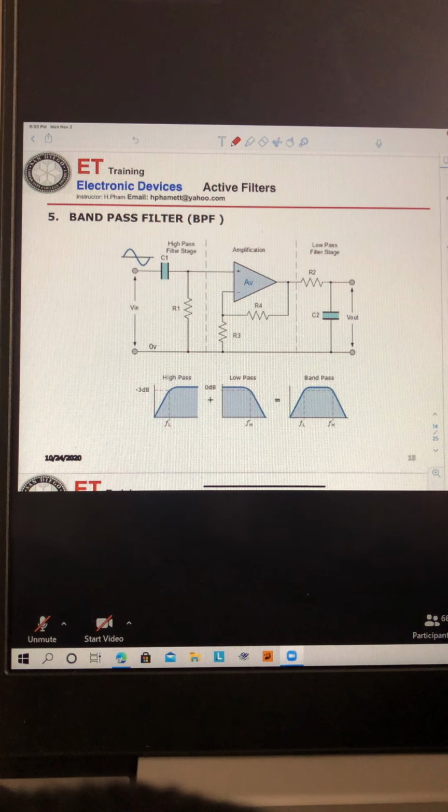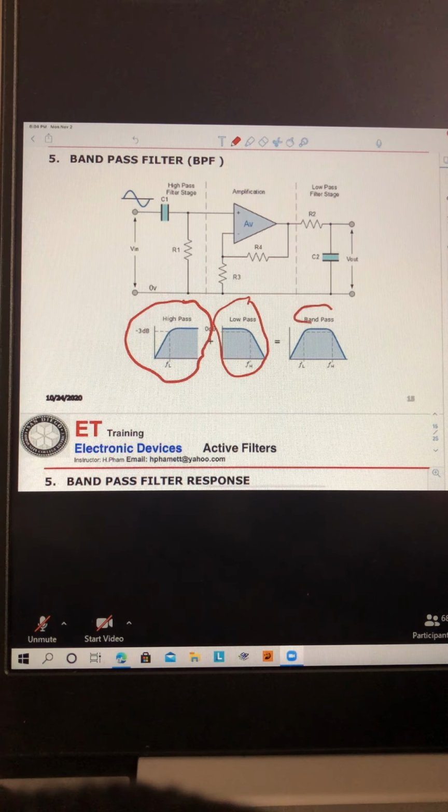Okay, low pass filter. And now they combine a high pass and a low pass to make the one they call a band pass. That's why a band pass has two cutoff frequencies. One will be F low and one will be F high.